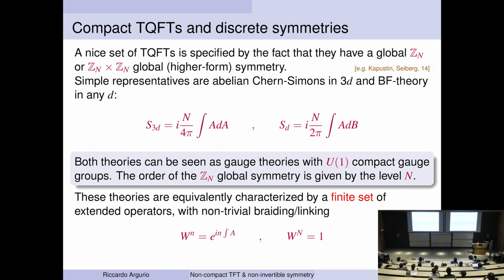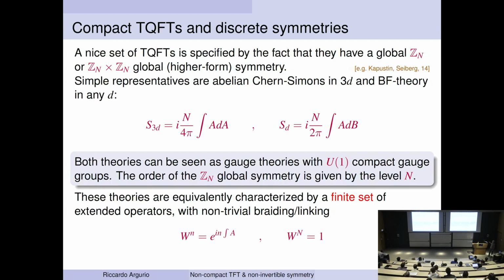Let me consider those that have been used in many physical models: topological quantum field theories with finite global symmetries, which will be Zn or Zn times Zn. These are the very simple examples: abelian Chern-Simons in 3D, or BF theories in general dimension.